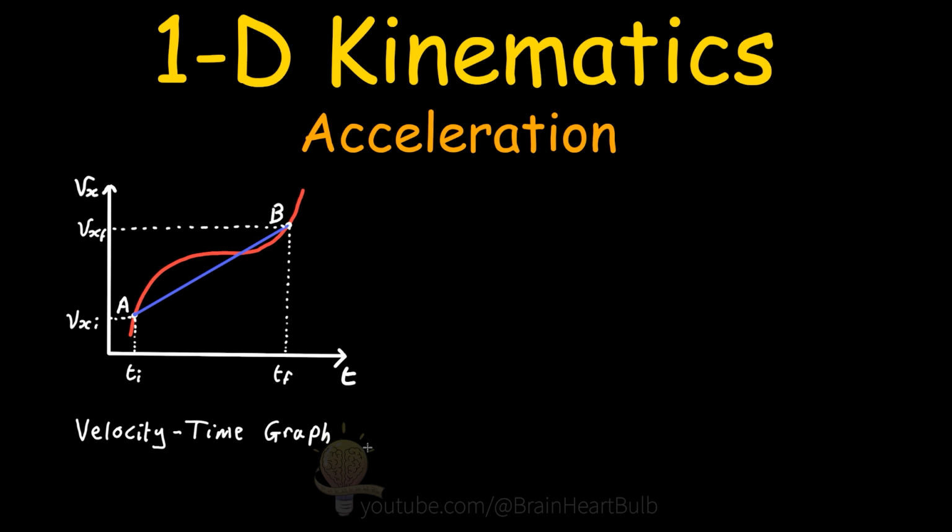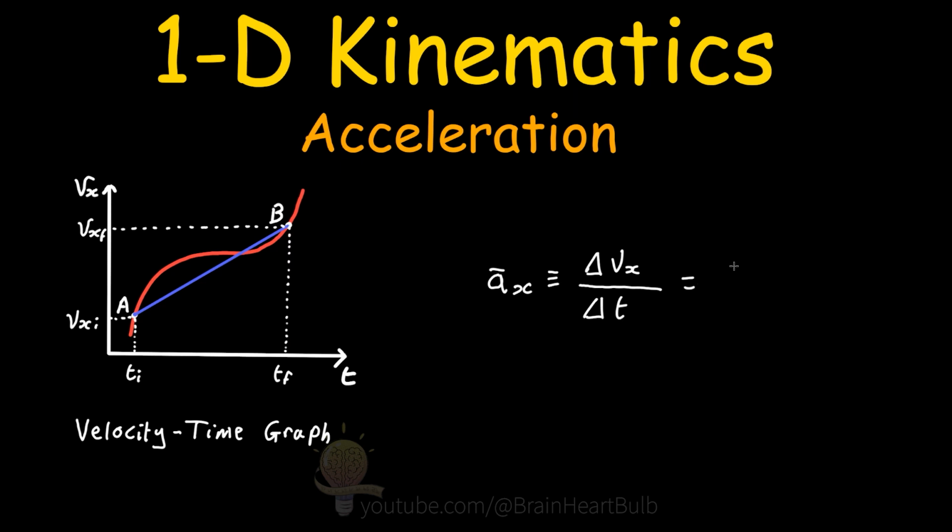So the average acceleration of a particle is defined as the change in velocity divided by the time interval delta t during which that change occurs. So the average acceleration along the x-axis is equal to the change in instantaneous velocity divided by the change in time.